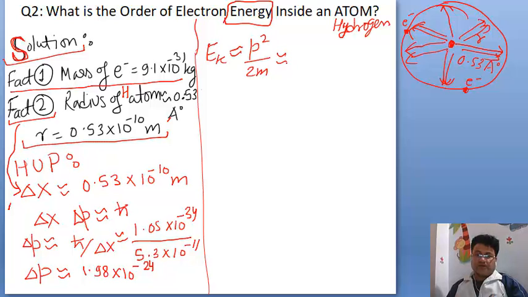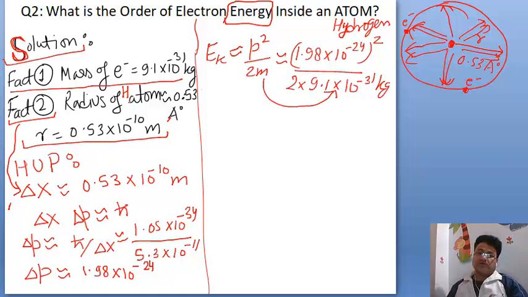So it would be 1.98 into 10 to the power minus 24 squared, divided by 2 into 9.1 into 10 to the power minus 31 kg, where I have put in m. The kinetic energy of the electron comes out to be 2.16 into 10 to the power minus 18 joules.